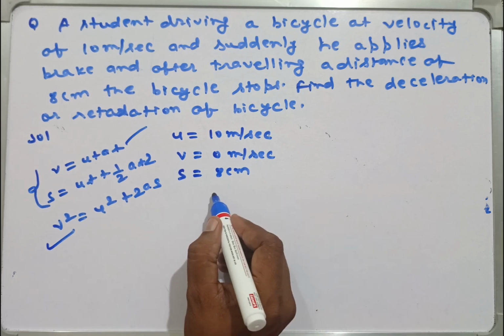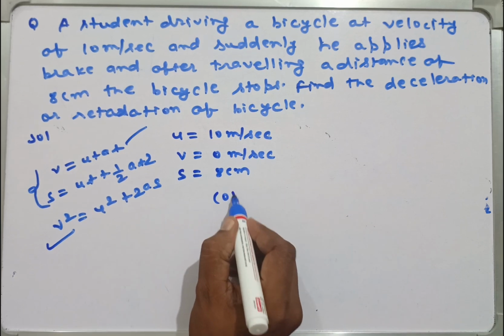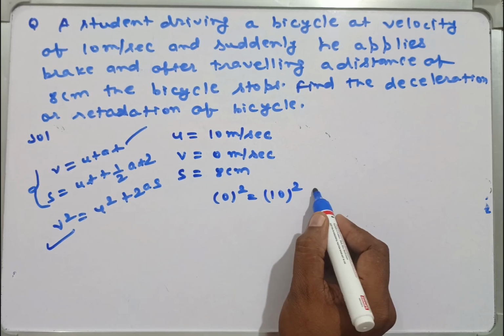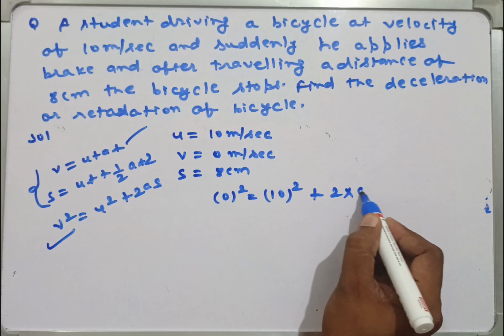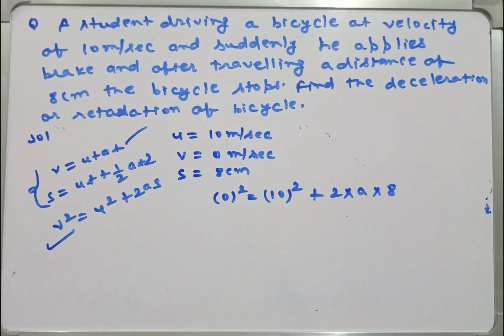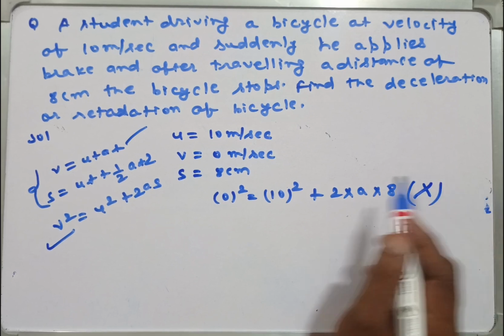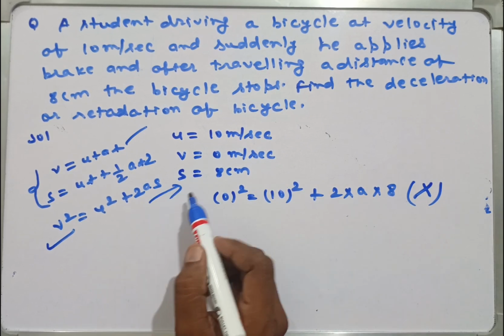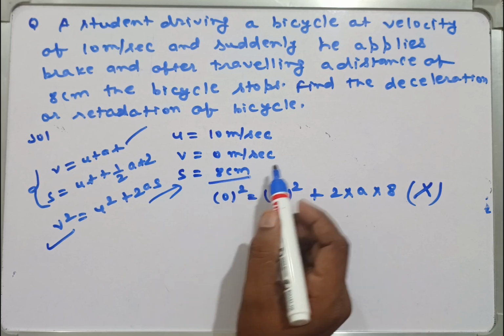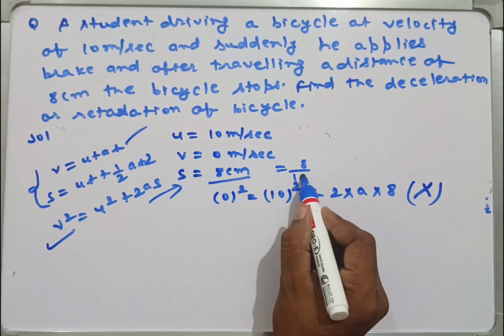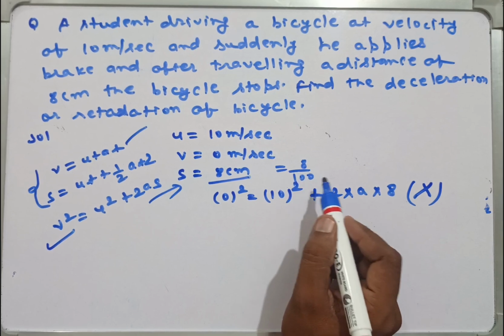Okay, so guys, could we write this one directly? So my answer is no. Why? Because guys, here distance is given in centimeter, so it must be in meter. Okay, so we divide it by 100.